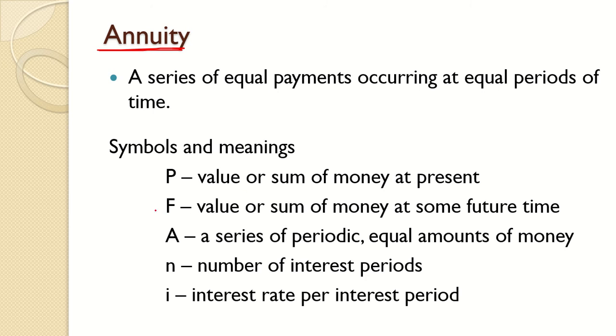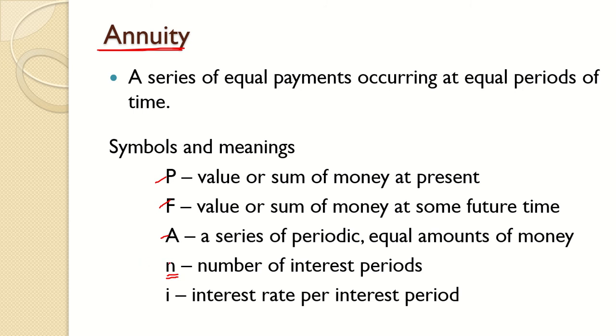Recall the symbols that we have used. P, we are familiar with P, the present value, or the present amount, the principal amount. F is the accumulated amount, or the future worth of that annuity or the present value. A is the annuity, or the series of equal amounts. N is the number of interest periods. Now again, that is when we deal with yearly compounding.